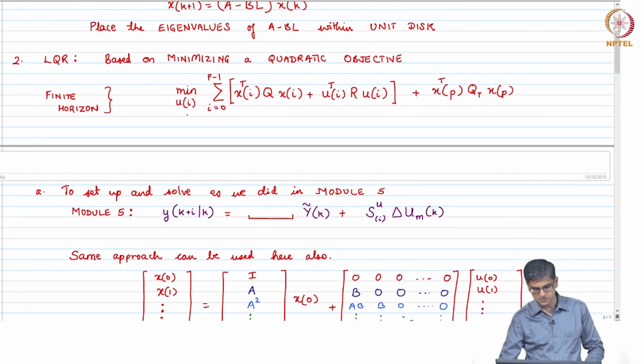Let us look at this objective function. It would be nice if there was a way to copy paste this, but yeah.